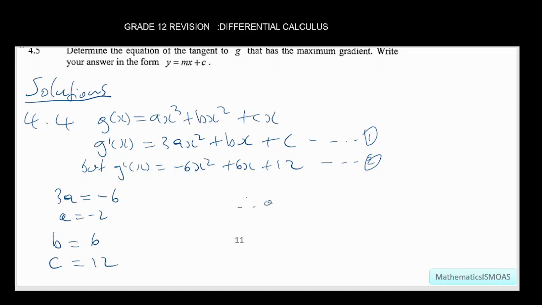Therefore, now we can say g of x is equal to minus 2x cubed plus 6x squared plus 12x. And this will be our equation of g.